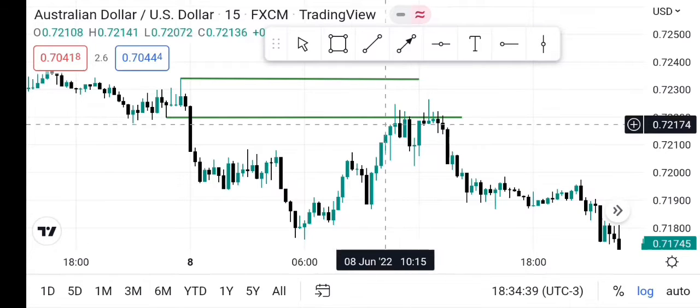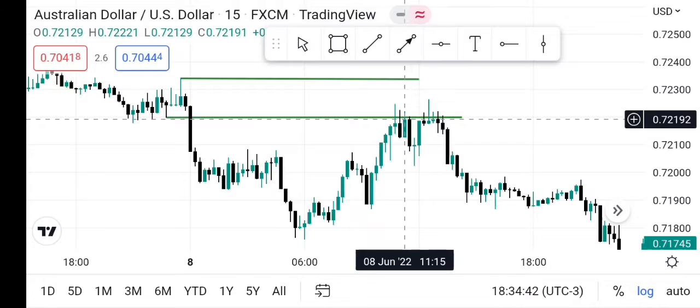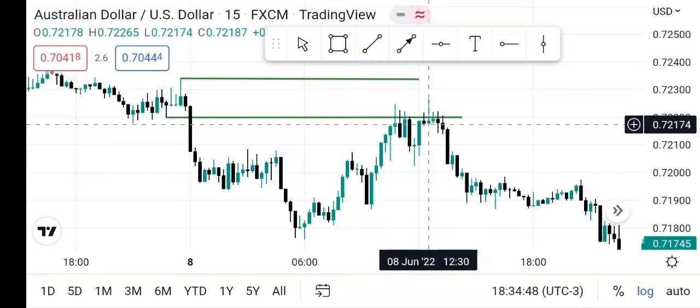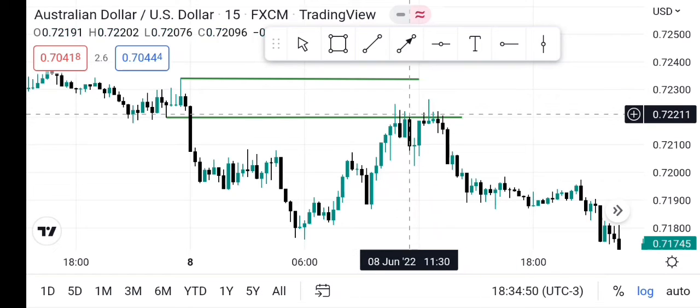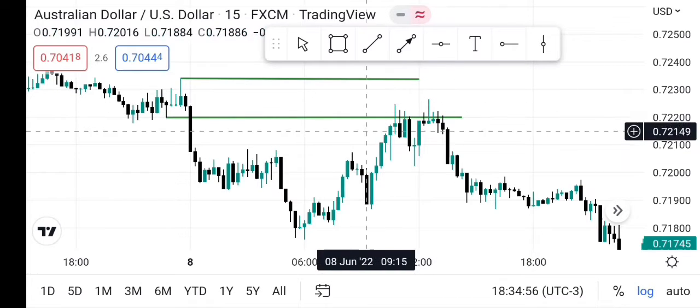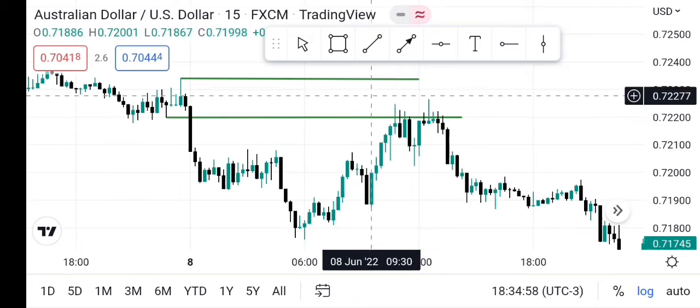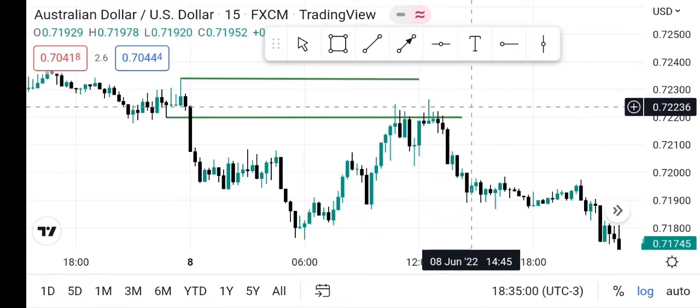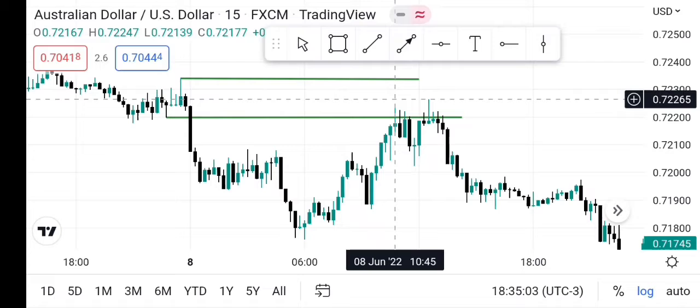And then a resistance is when it shows the tendency to stop rising, the struggle. You can see that right here. This is a resistance. It showed that tendency to stop going higher. Whenever you're seeing the chart rising, and then all of a sudden it shows the struggle to stop rising, that's a resistance level.